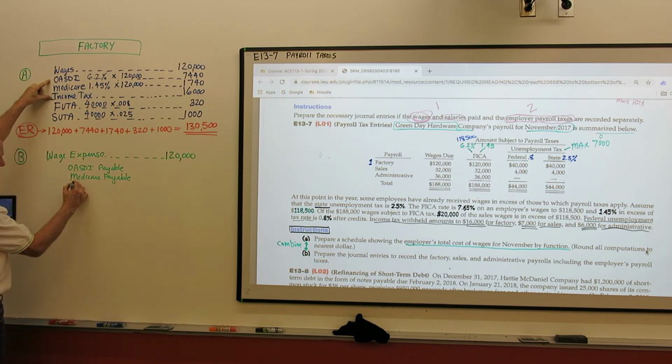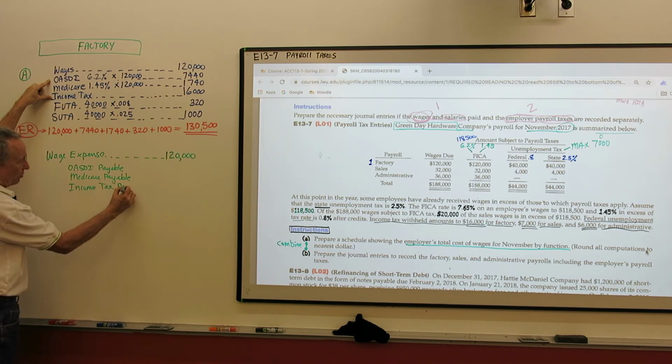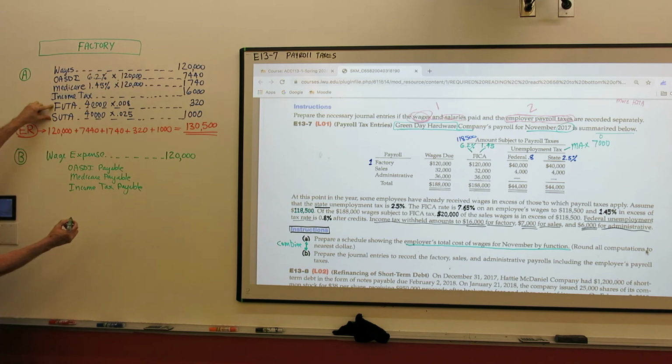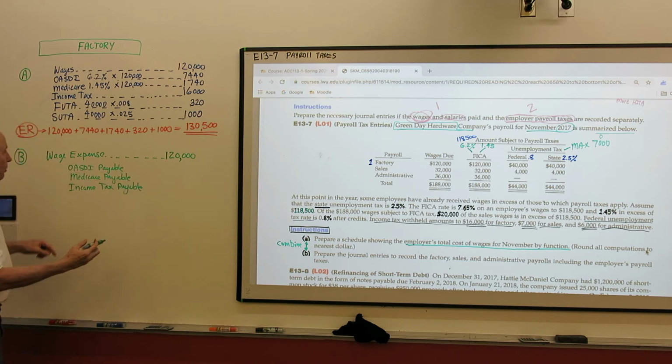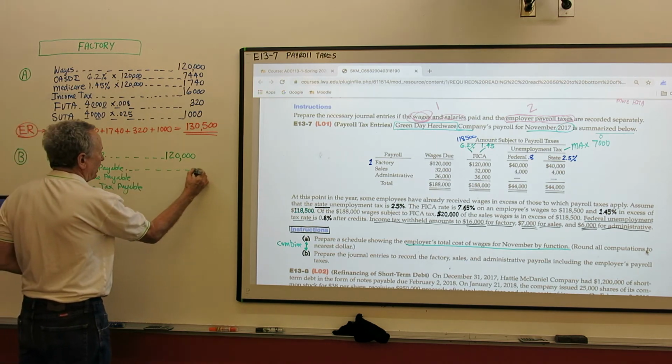Income tax, this will be income tax payable. That's going to go to the state and the federal government. And then don't put FUTA and SUTA because this is your pay. The employer is giving you 120, but all this is being withheld from your pay. So we're going to credit these.